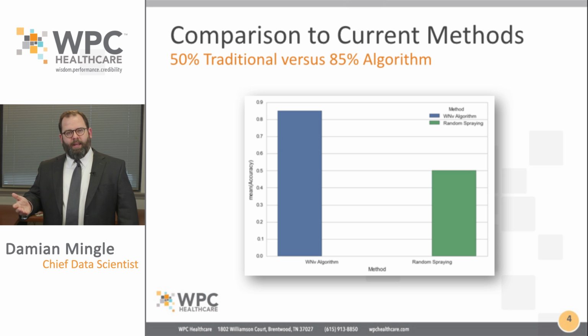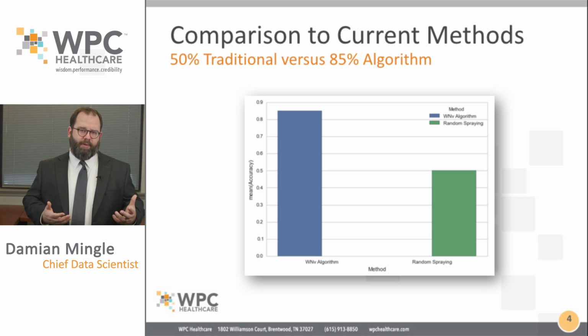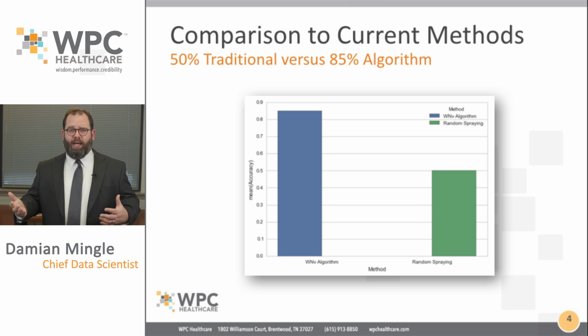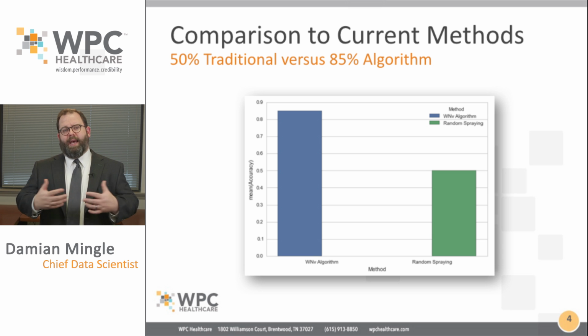Let me explain a little bit about the idea of random spraying. The idea there is that because up till now we don't know exactly where a mosquito is going to be that actually has West Nile virus or doesn't have West Nile virus, the idea is to attack this in a very blanket style manner.